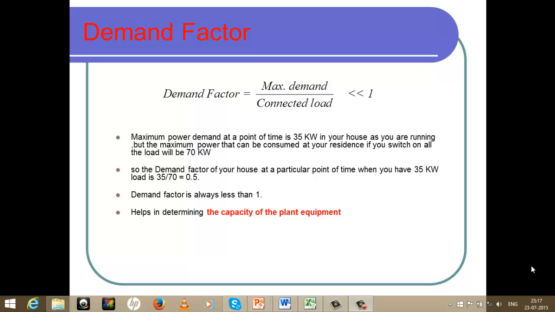For example, consider a house where the net amount of connected electrical appliances, if you calculate their ratings, comes to 70 kilowatt of power.